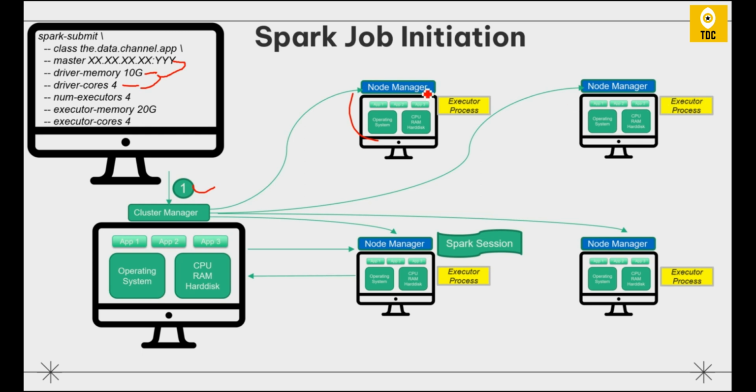So we have given the number of executors as four here, but that doesn't mean that it has to use four executors. In the best scenario we are using four executors, but at a given time a particular node might fail. In that case, the manager will recalculate the effort that is needed to do that particular task, and it will redistribute the work among the available three nodes in the cluster.